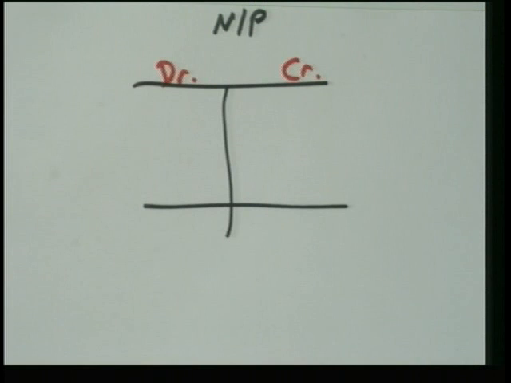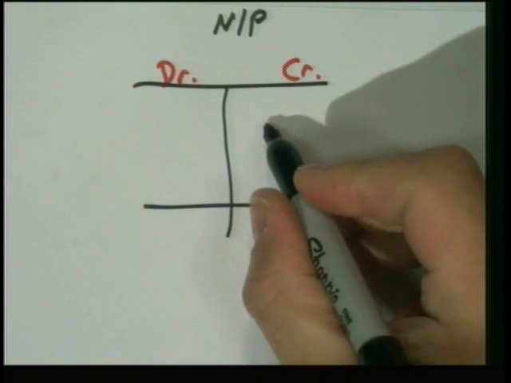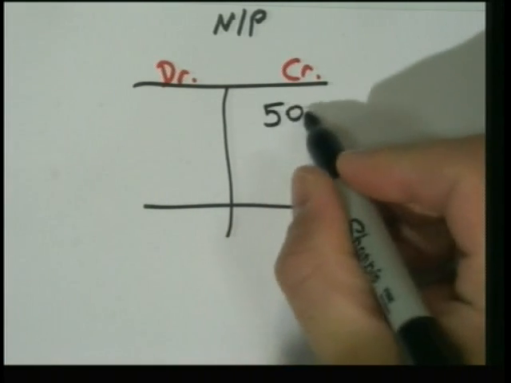Now, I told you that for cash, increases are kept track of on the debit side, and that is true. However, for notes payable, increases are kept track of on the right side or the credit side. So let's say we were going to increase notes payable. I would show that on the credit side.